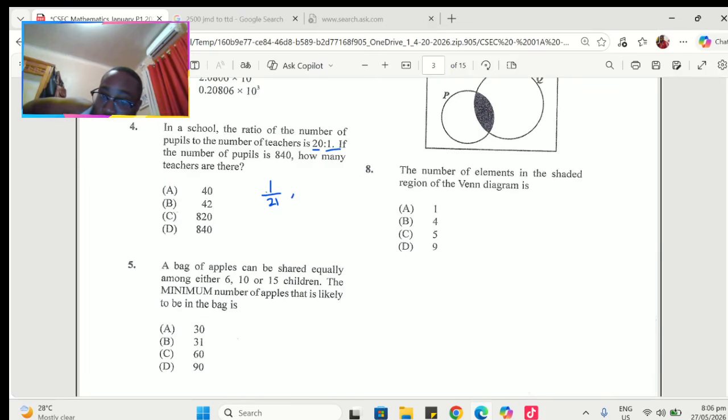And then you'll multiply this by 840. 21 into 21, 1. 21 into 840, 42. The answer will be B.